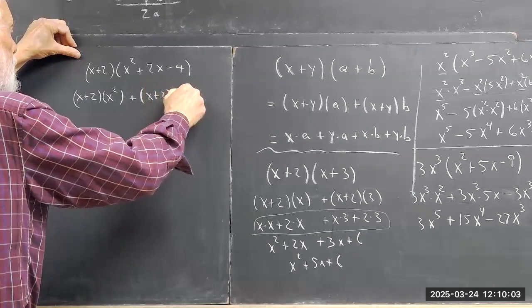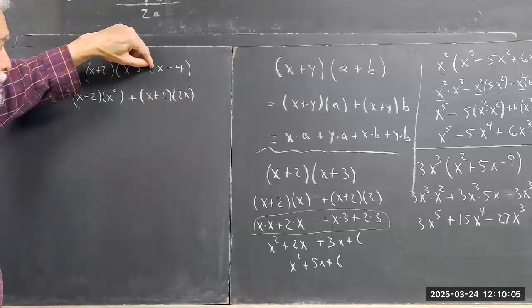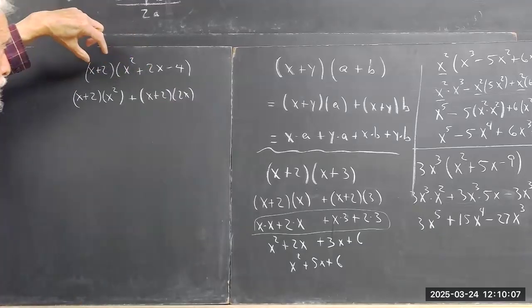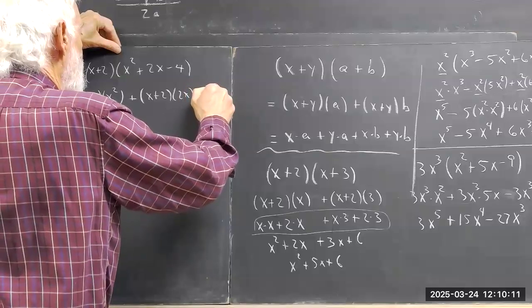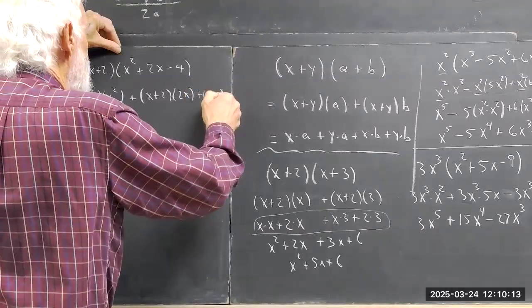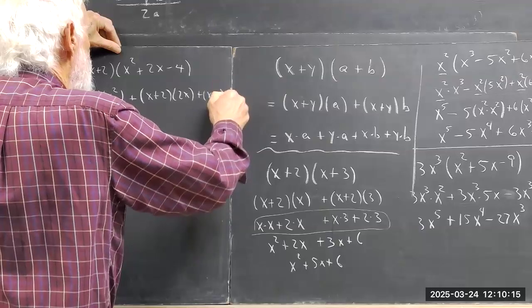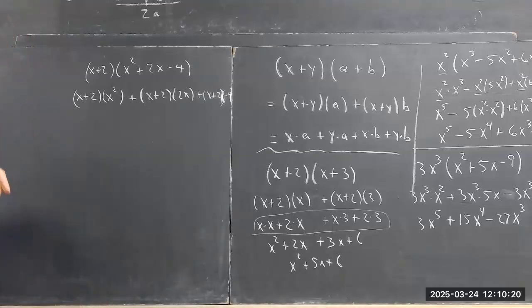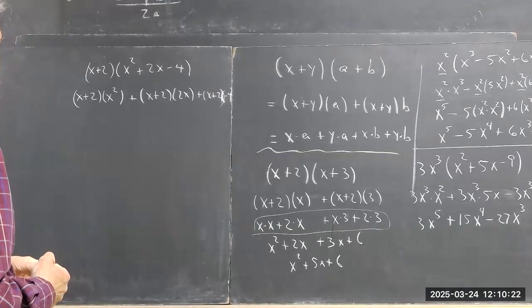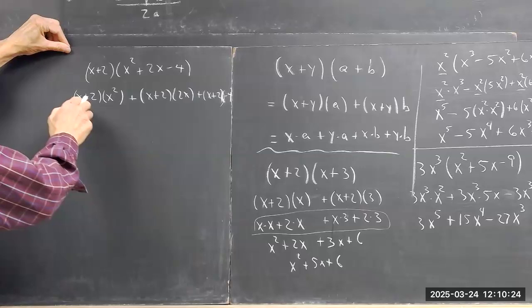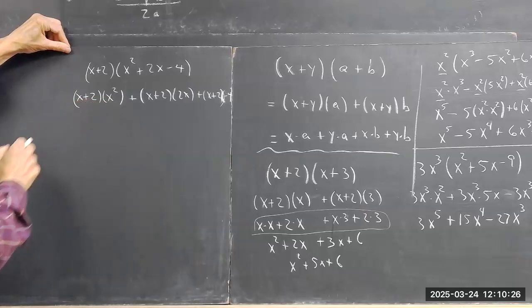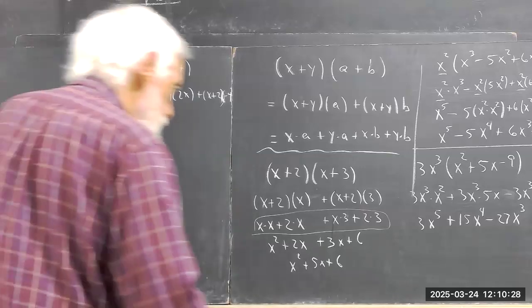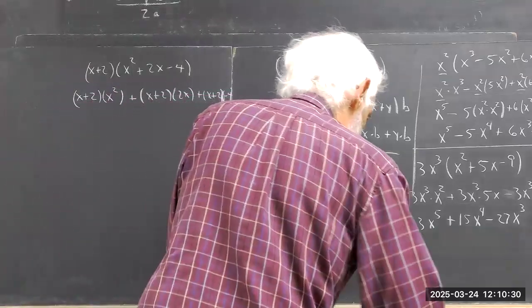And we're going to multiply x plus 2 by 2x. We have x plus two, then times x, and I better write that.